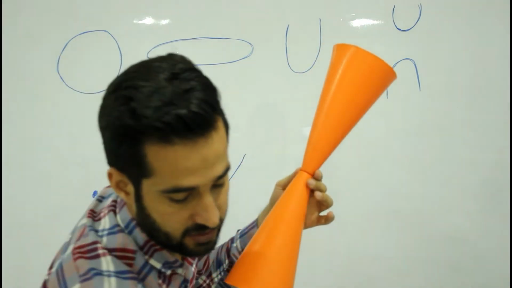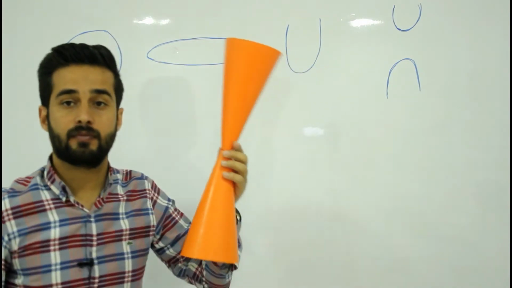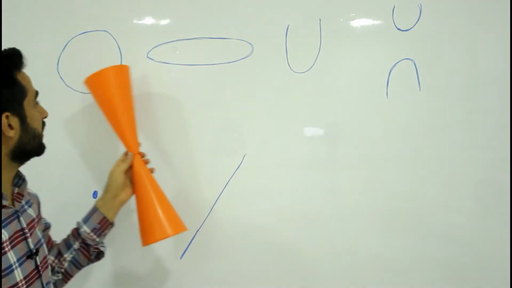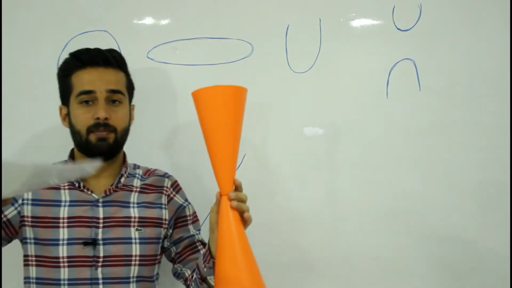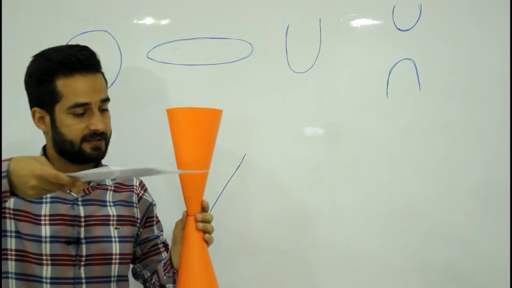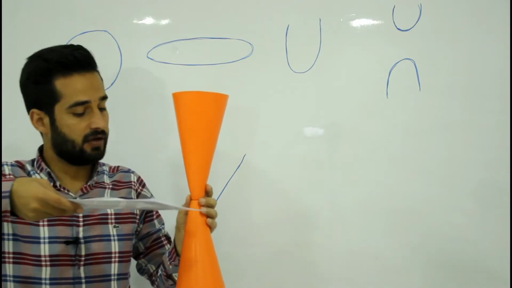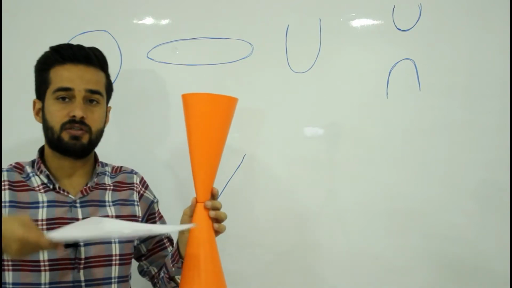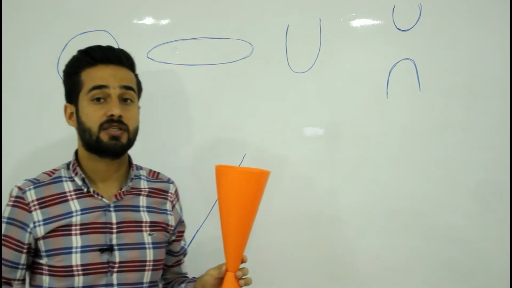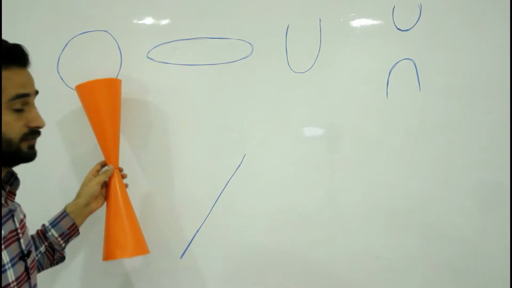If someone asks you to cut this into circles, you can cut by a plane in a straight way like this. So all of them become circle, circle, circle. When you cut this horizontally, it becomes a circle.